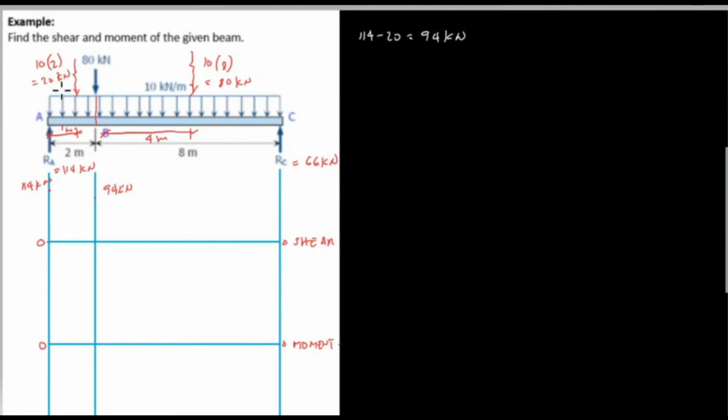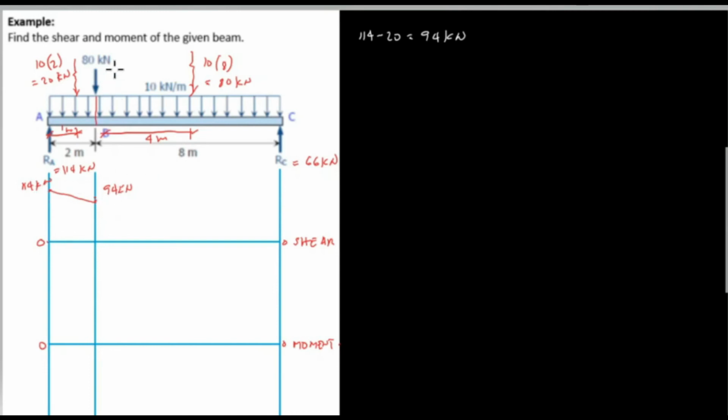From the uniform load, which is horizontal, we will connect the points A to B, and we will have a diagonal line. So point A to B, and that's the connection from A to B, which is from 114 kilonewton to 94 kilonewton.